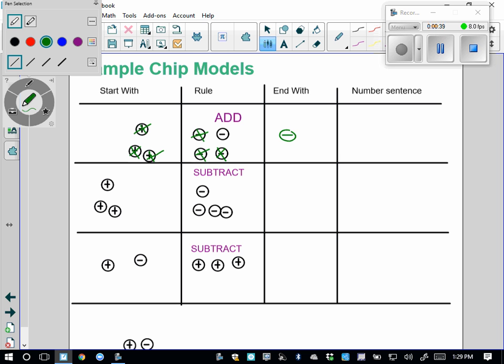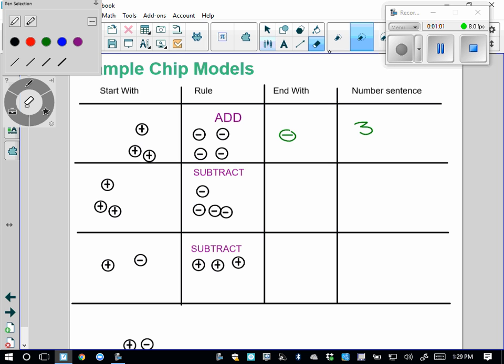Okay. So Naomi, what's the equation? The number sentence. Oh, the number sentence is 3 minus 2. So go back to what it was in the beginning. Does that help? Sometimes it's good to write it in the beginning.